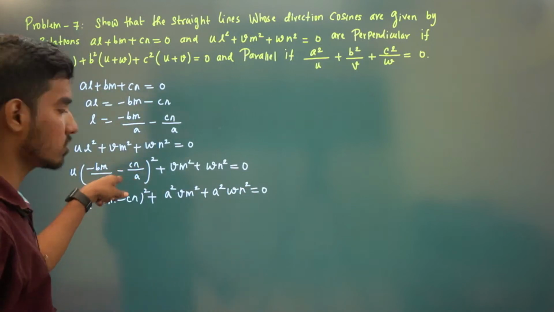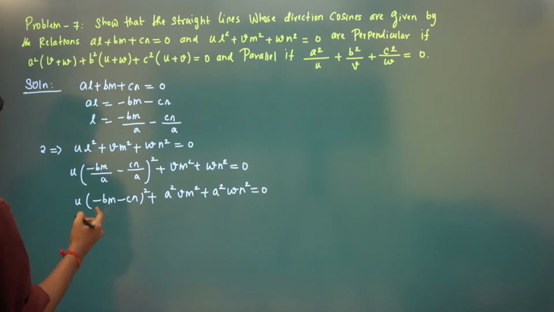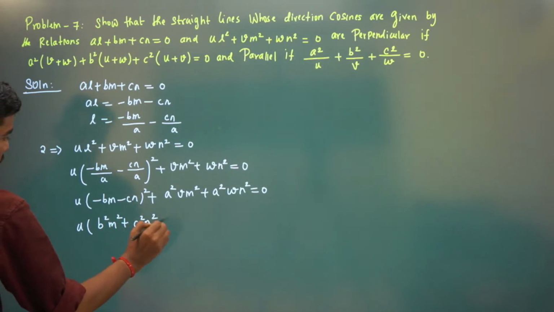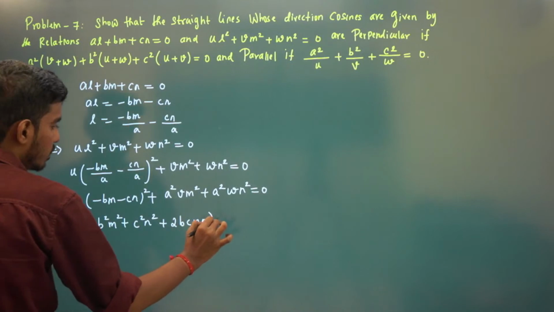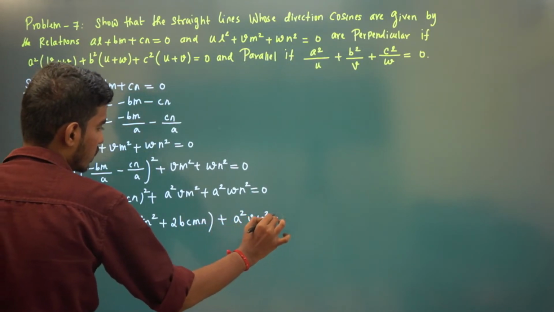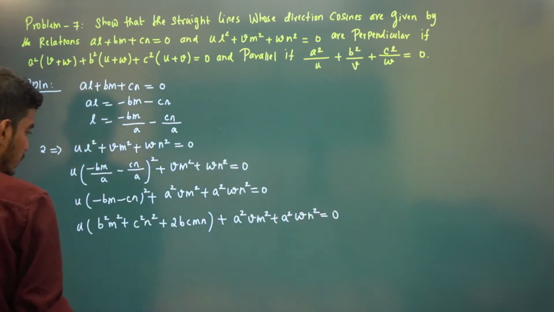I'm just taking A square as the LCM here. This is the same as (a plus b) whole square. So B square M square plus C square N square plus 2BC into MN, plus A square V M square plus A square W N square is equal to 0.